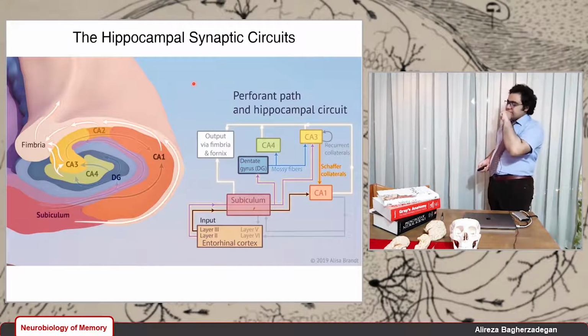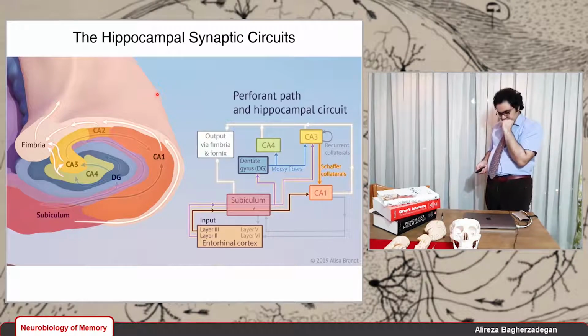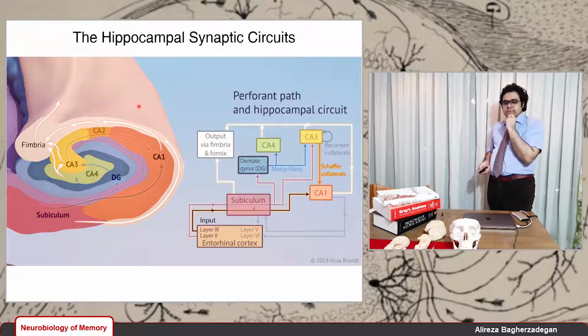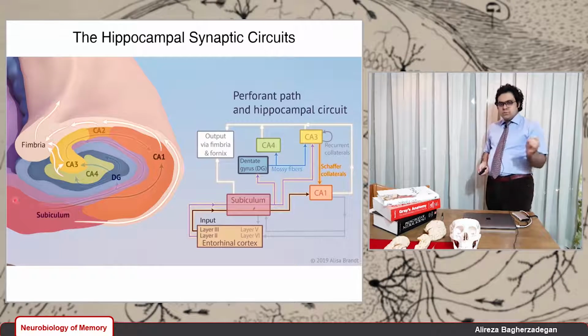This is actually a screenshot from a very beautiful and very accurate scientific animation about the structure of the hippocampus and hippocampal formation. I'm actually going to record a bonus video explaining that animation.